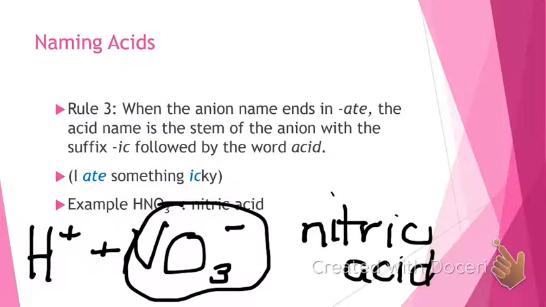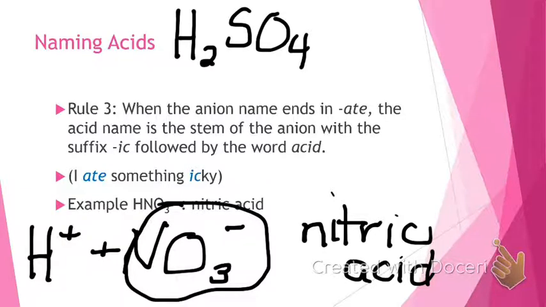Okay, here's another one for you. Let's look at H2SO4. Even though it starts with a hydrogen, it has a subscript of 2, you still want to think that it's an acid. Remember when I said all these acids were neutral compounds?